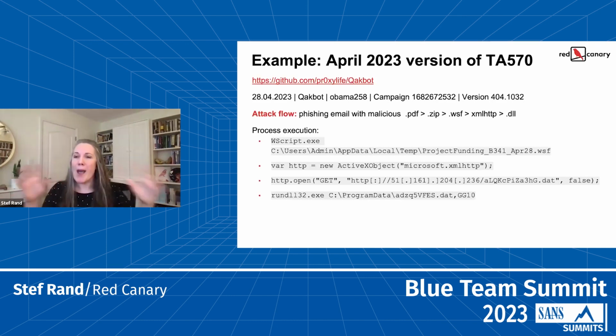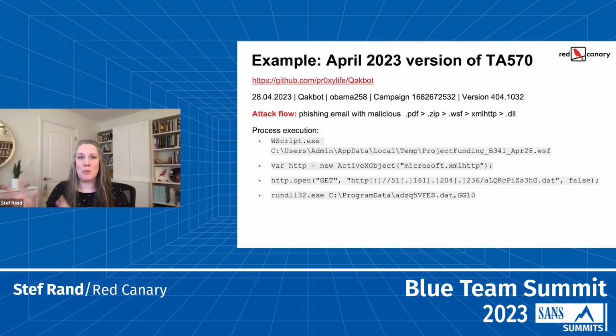And so you don't have to do the analysis yourself. Of course you can, but Proxy Life and other researchers will update folks with sometimes up-to-the-hour information about the latest new behaviors and the different versions of TA570 and TA577 loaders.